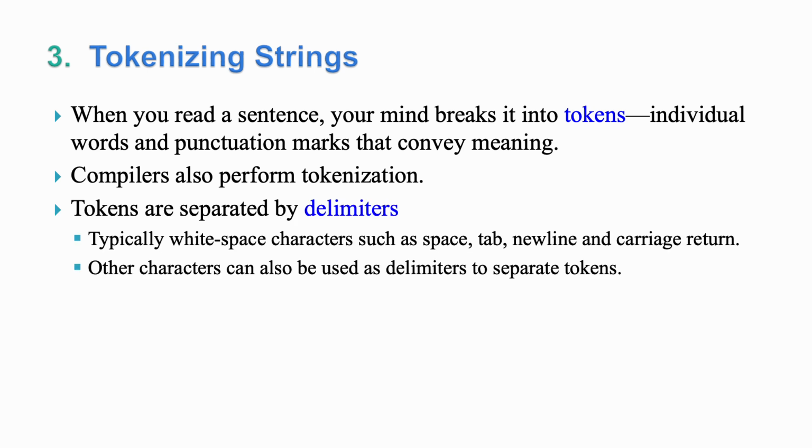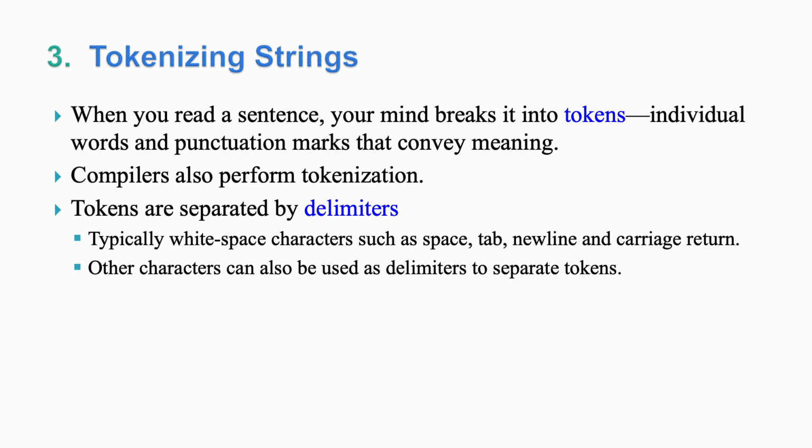Tokens are usually separated by delimiters, which are typically white space characters such as a single space or a tab or a null character or the carriage return character.